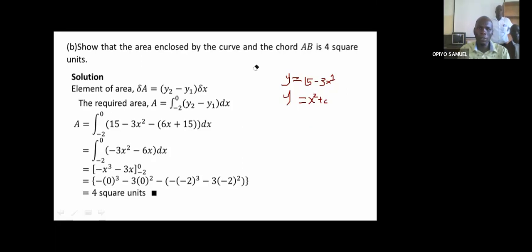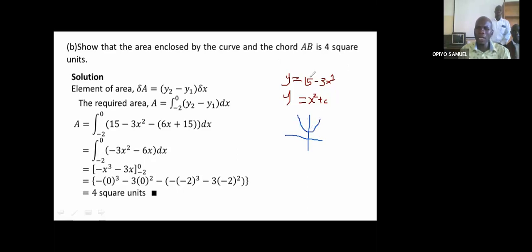Okay. We want to change the color. So the family of curves for y equals x squared plus c is always like this.